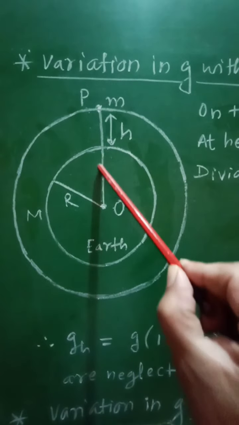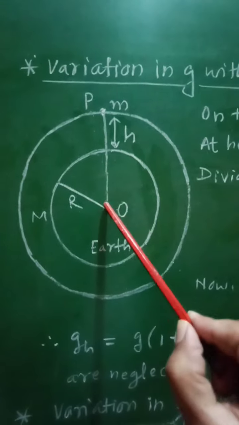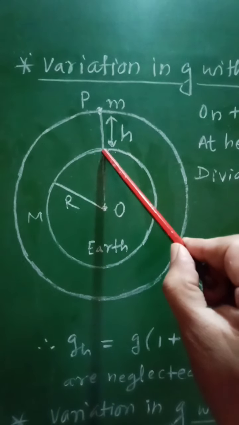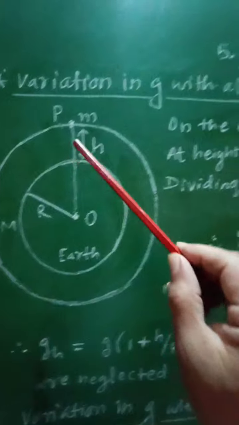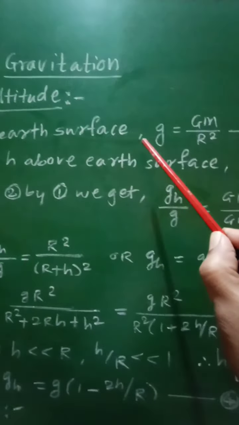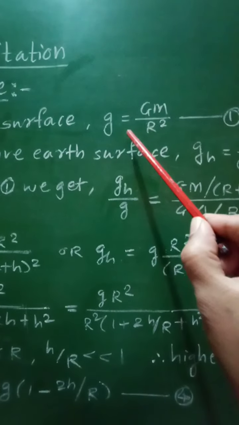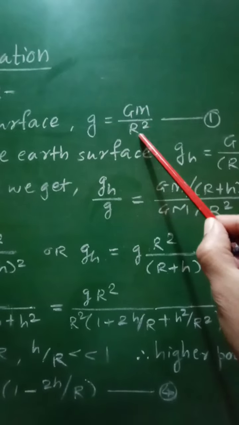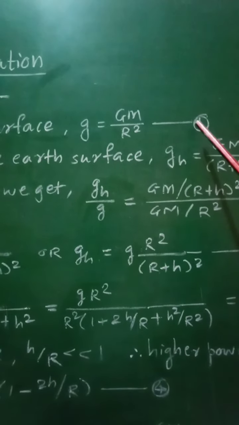Therefore this distance will be equal to r, and hence when that body is placed on the earth's surface, at that time the acceleration due to gravity g will be equal to GM by r square. Let it be equation number 1.